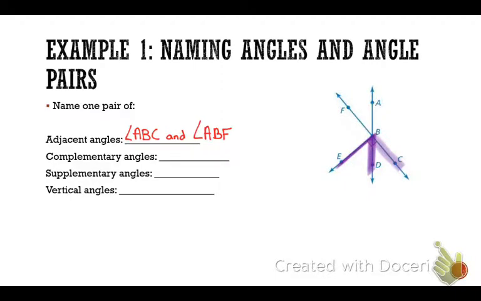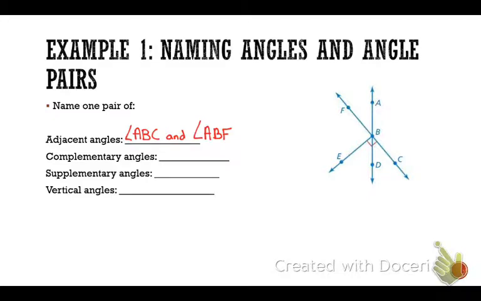For example, and I'm just making up this number, it looks like it's pretty evenly split. If this one's 45, and you know they have to add up to 90, that makes them complementary. An angle or a side that splits a 90-degree angle forms two complementary angles. So complementary angles add together to equal 90 degrees.